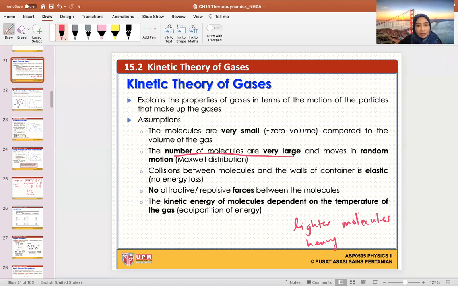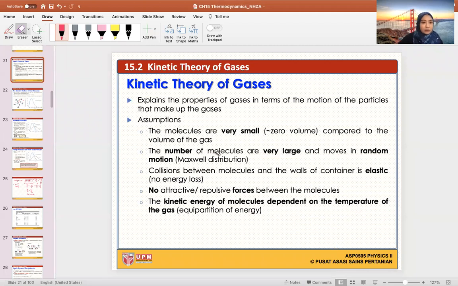So for an ideal gas, the molecules are point-like, which means they have negligible volume and mass. But that is for an ideal gas. In reality, of course, the mass has an effect.